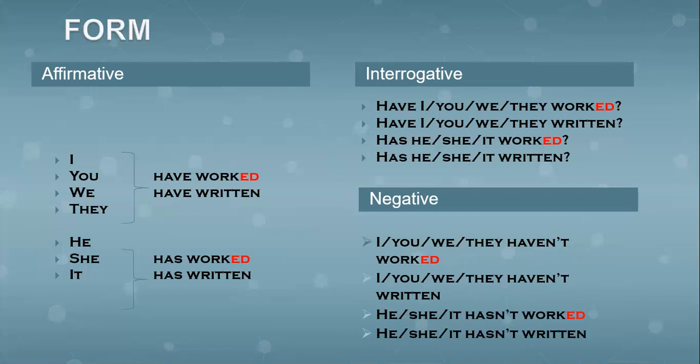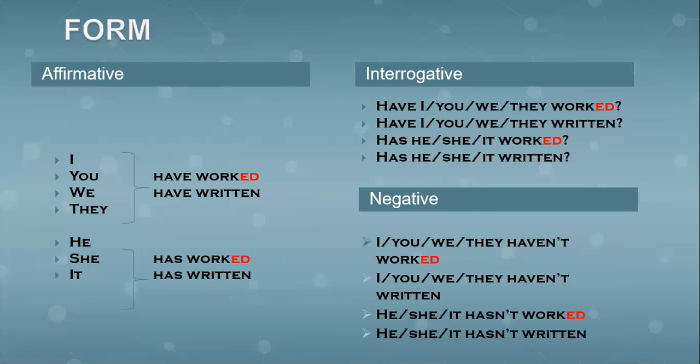If have comes with the subject he, she, or it, and we have to add s to it, what do we do? We put not right after has. So he has not worked. She has not written.